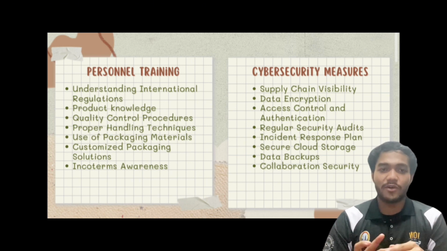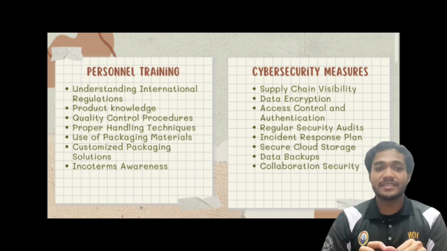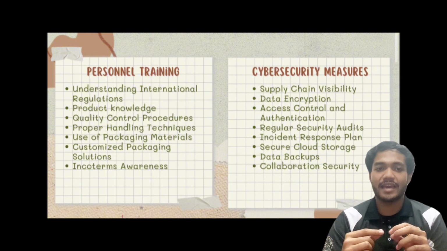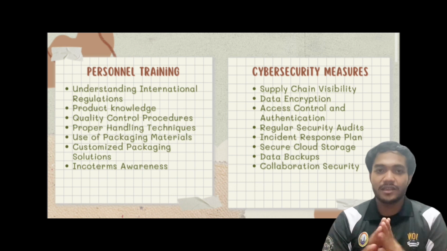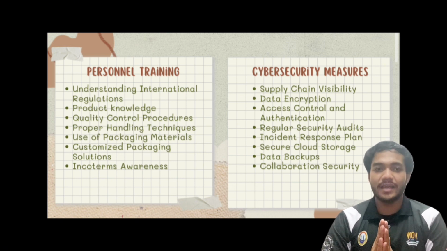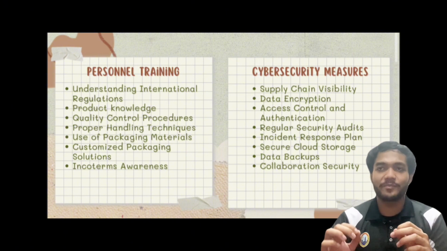As for number 4, proper handling techniques. Handle the product correctly to prevent damage. In training, they must handle the products or goods properly to avoid any damage or losses. And the next is use of packaging materials. They must choose the right materials for packaging.